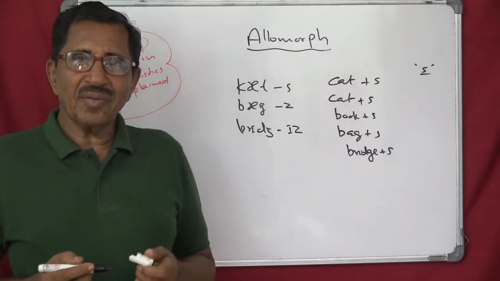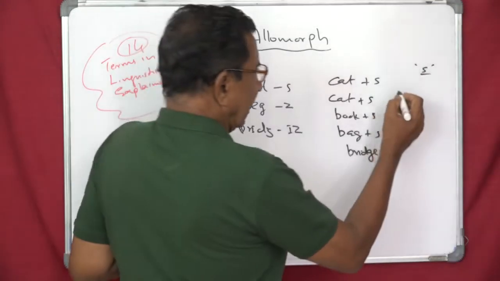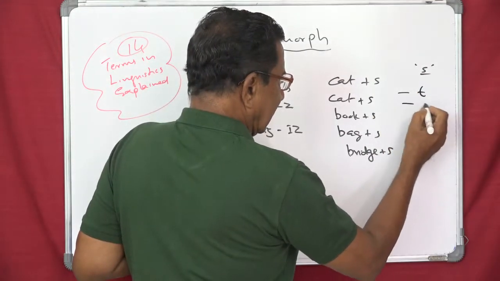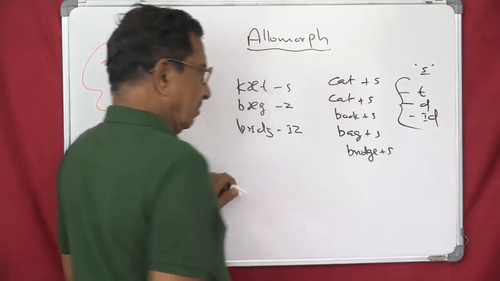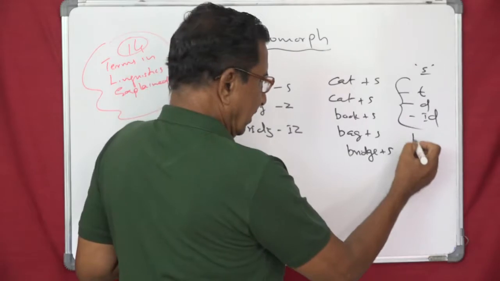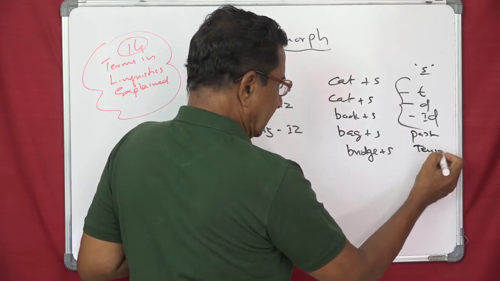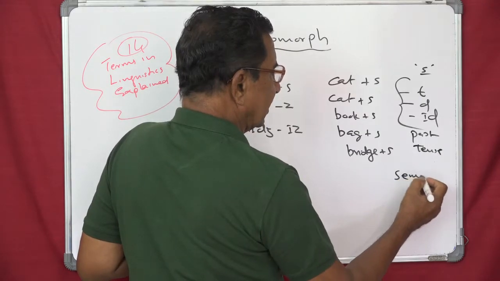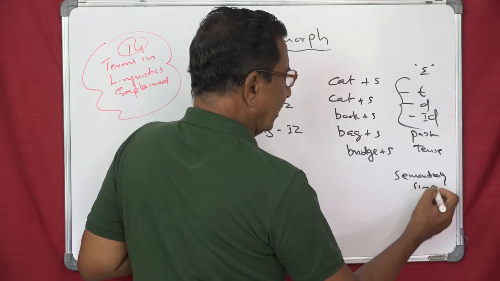Just as we saw that the past tense morphemes are realized as t, d and id, with the same meaning of past tense, we say they are semantically similar. Semantic means meaning.